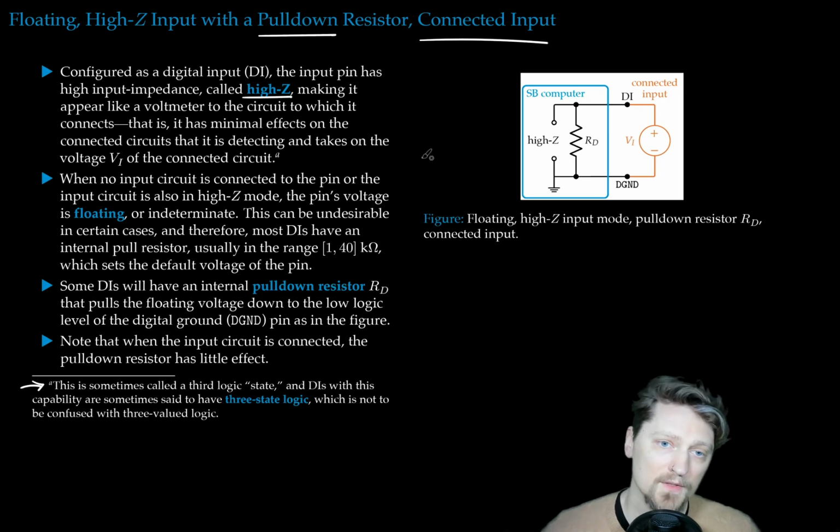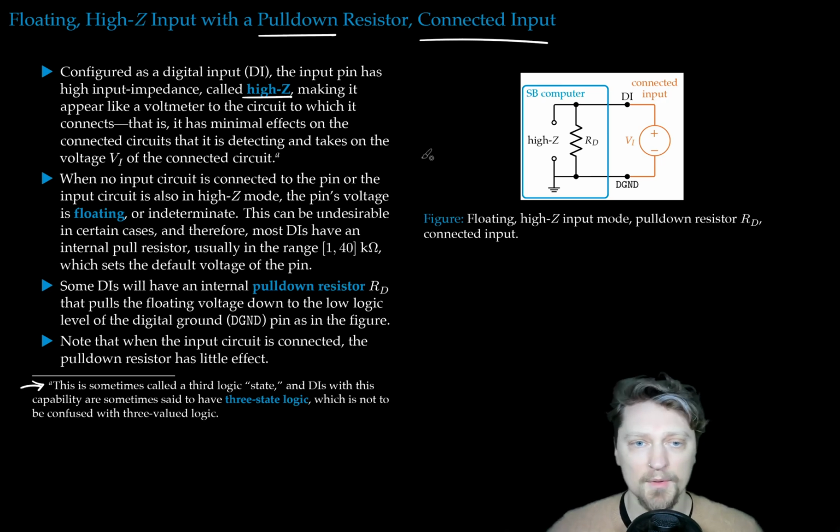When no input circuit is connected to the pin, or the input circuit is also in high Z mode, the pin's voltage is floating or indeterminate. This can be undesirable in certain cases, and therefore most DIs have an internal pull resistor, usually in the range from 1 to 40 kiloohms, which sets the default voltage of the pin.